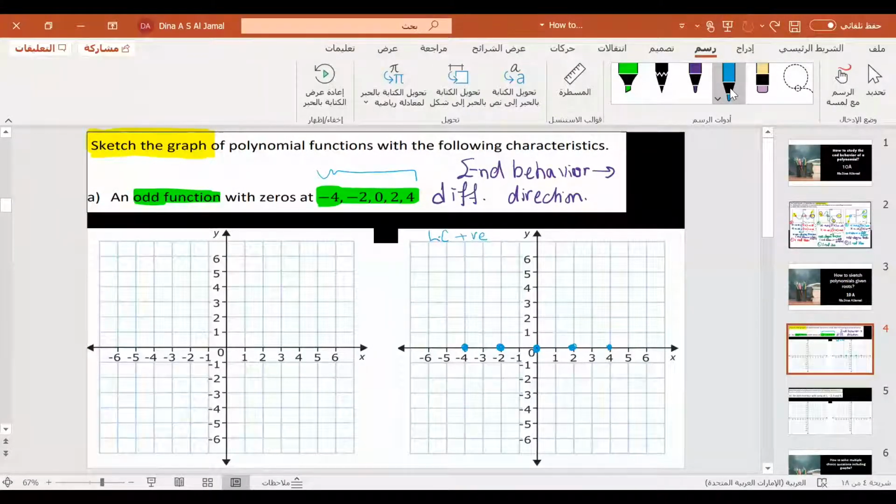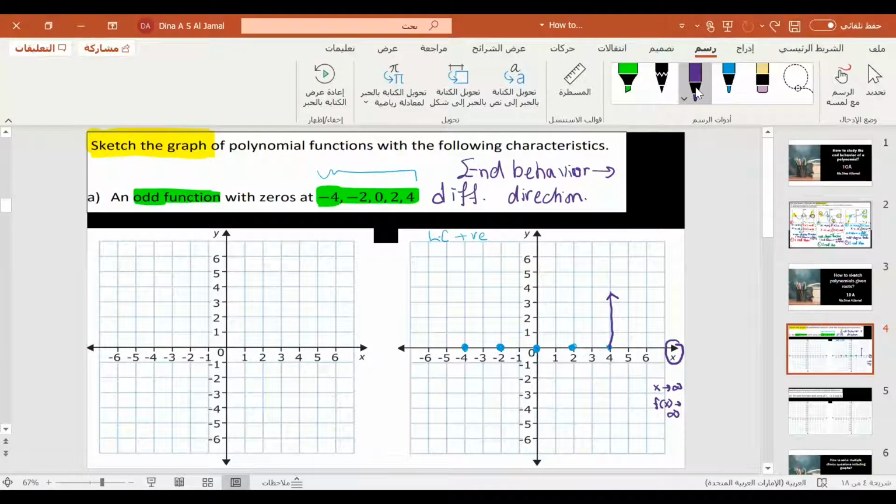So what you must do is that if you have a positive leading coefficient, that means when your x goes to infinity, your f of x also goes to infinity. That means you will start your graph going up, and it must cut the x-intercept and pass through it.